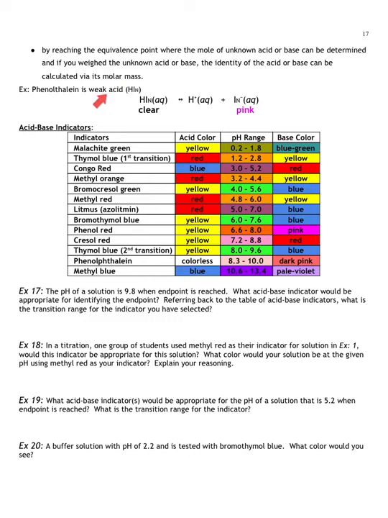So here's an example of an indicator. This is called phenolphthalein. You're actually going to do a lab based on this indicator. It's a weak acid indicator, and it has this formula that you see, but it's really an abbreviation because the IN stands for indium, and it's really a large molecular species.